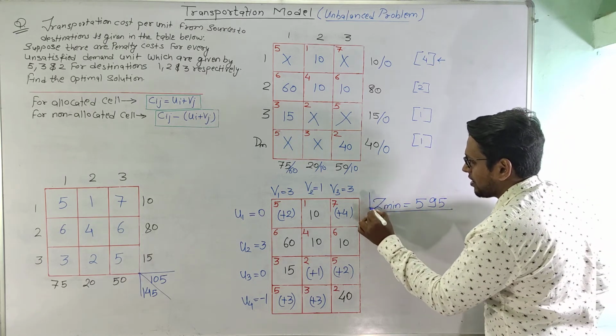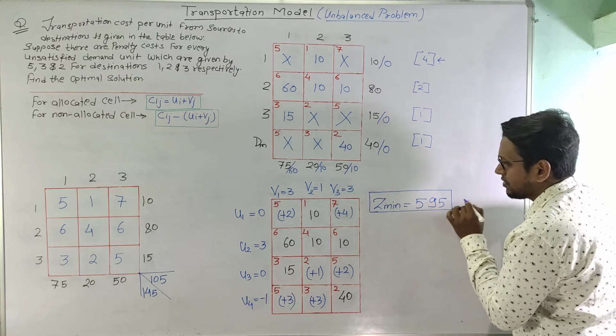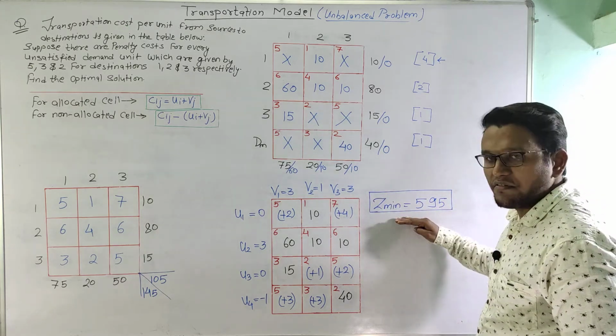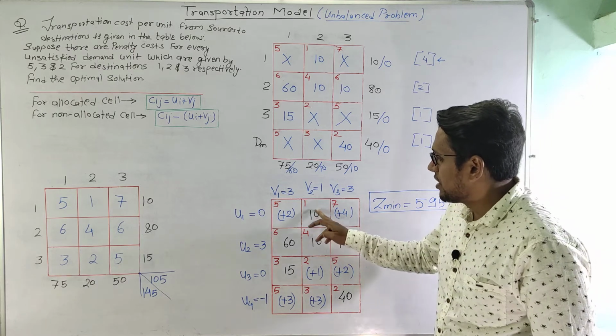So this is the value of z we have obtained, and for this value of z, the optimal allocation is this one.